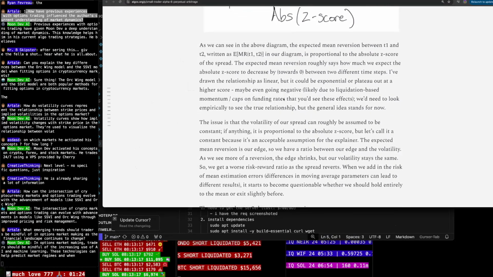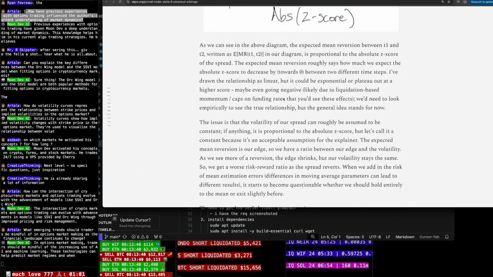As we can see in the above diagram, the expected mean reversion between T1 and T2, written EMR(T1, T2) in our diagram, is proportional to the absolute z-score of the spread. The expected mean reversion roughly says how much we expect the absolute z-score to decrease by towards 0 between two different time steps.